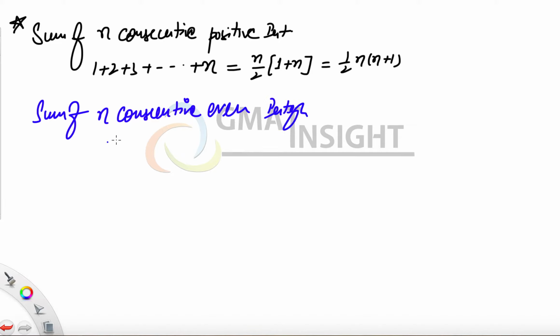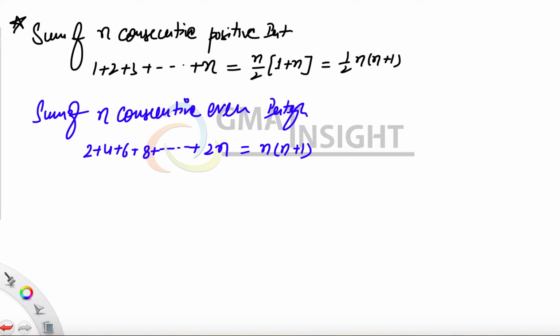That means we have to find 2 plus 4 plus 6 plus 8 and so on, so the nth term will be 2n. If you carefully see, this is only 2 multiplied by the first progression. If I multiply the first progression entirely by 2, I get this progression. So I multiply it on the right hand side as well, and the sum becomes n into n plus 1. That's another form of the same concept.